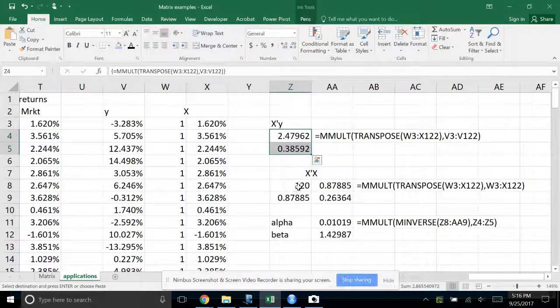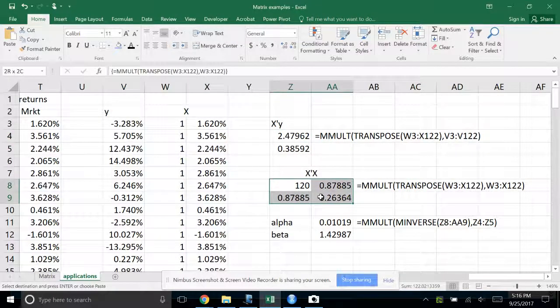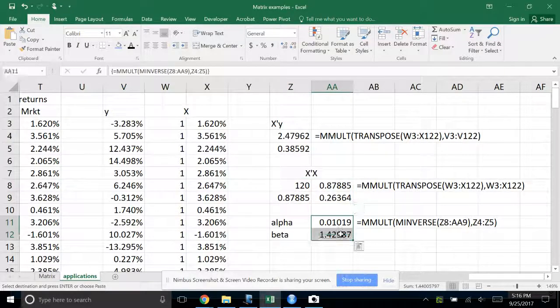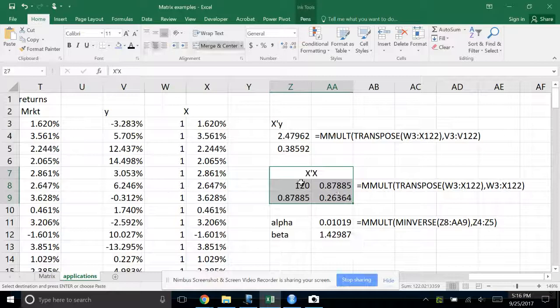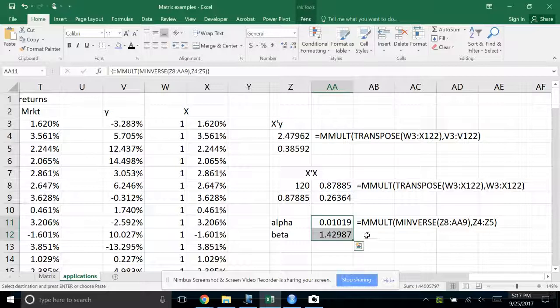And the X transpose X, I got the transpose of X times X, and this is 2 by 2. And so I'm going to say the alpha and beta is going to be the inverse of X transpose X, which is ZA through A99, times X transpose Y.